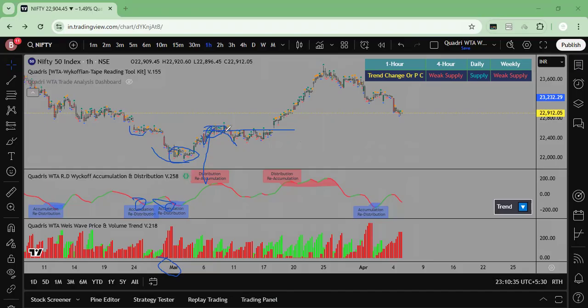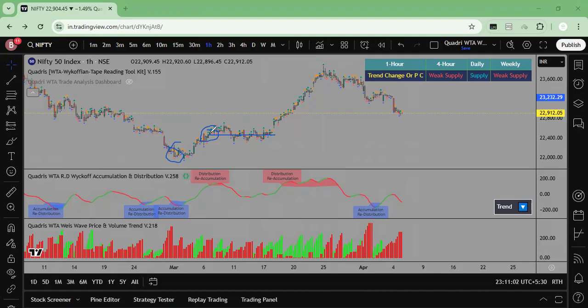Once we got a good distribution, later on it converted into accumulation or reaccumulation. That is the reason I always tell everyone that your phase analysis would not work, the phase analysis or the schematics which normally Wyckoff traders try to apply.